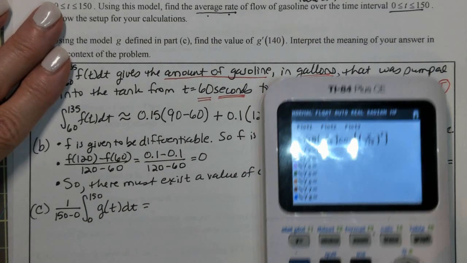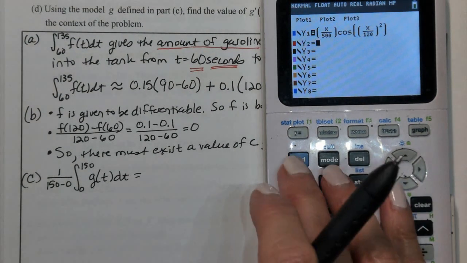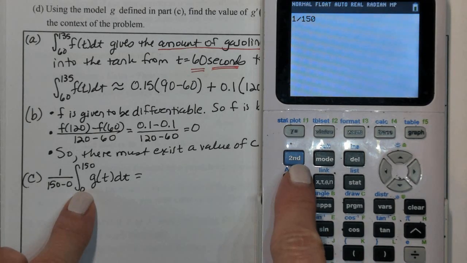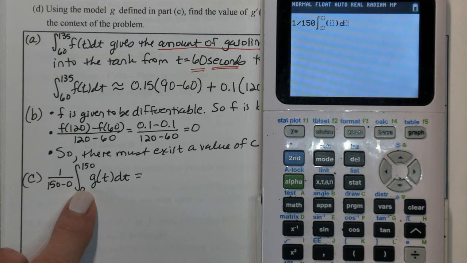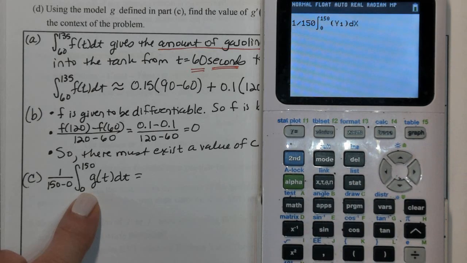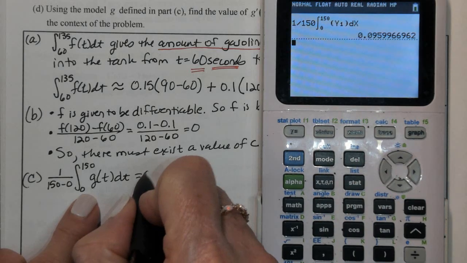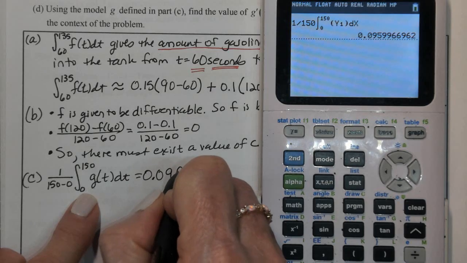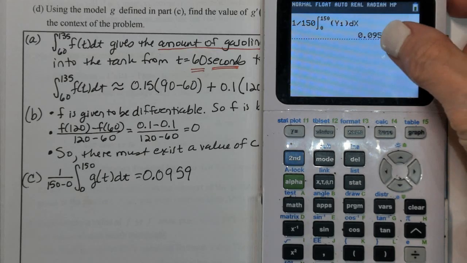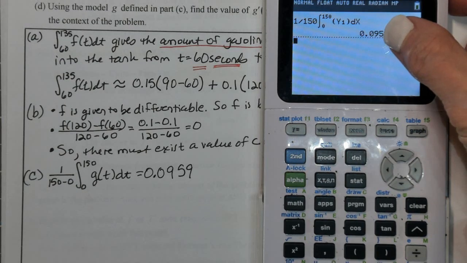So now I'm going to go to my home screen. 1 over 150, integral, math 9, 0 to 150, y1, dx. 0.0959. Remember, you guys, you need to give at least 3 digits after the decimal point.